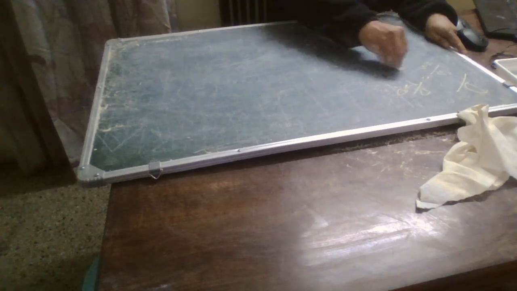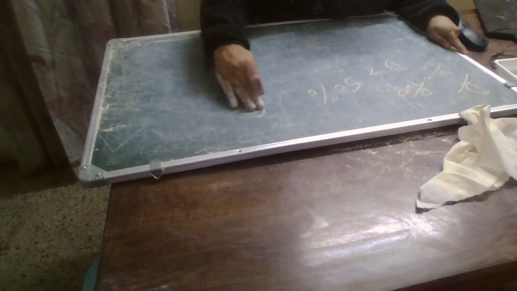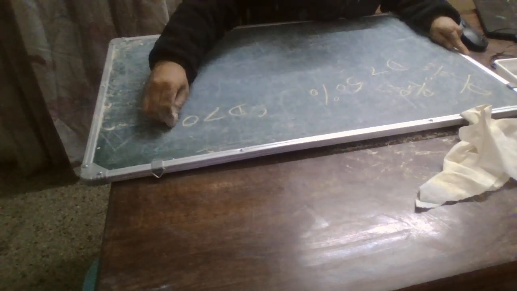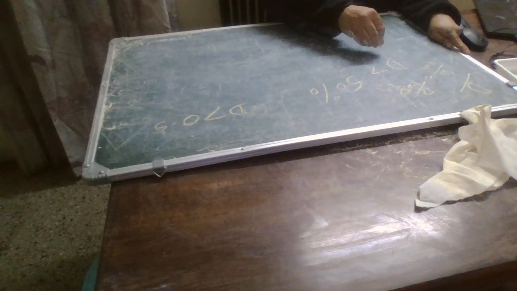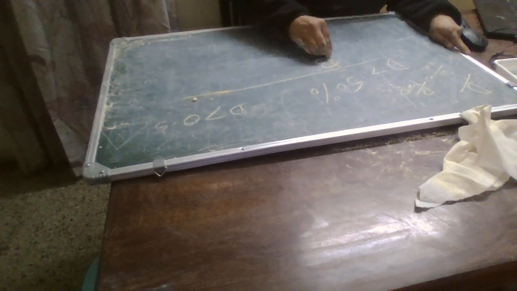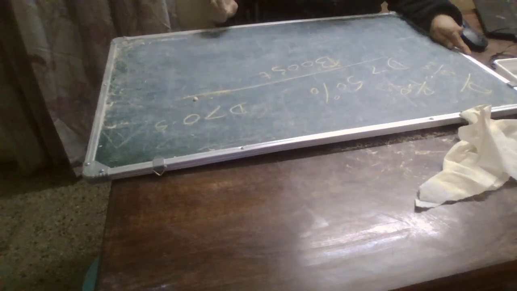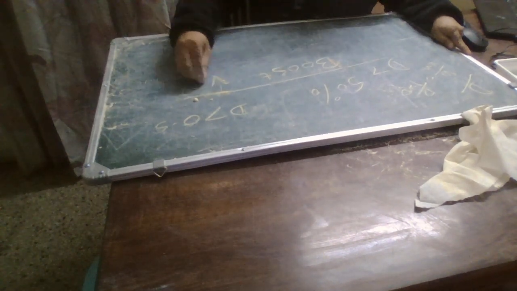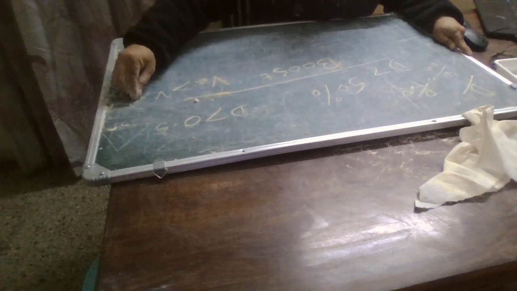So when the duty cycle is greater than 50%, or the duty cycle is greater than 0.5, it's a boost operation, and we are getting an output voltage greater than the input voltage.